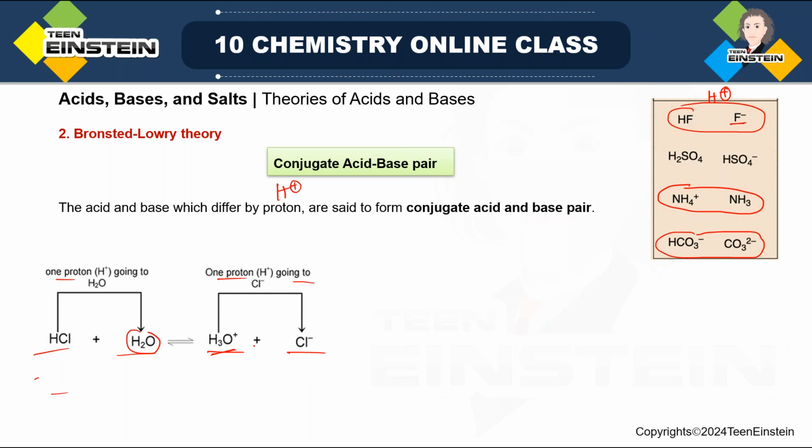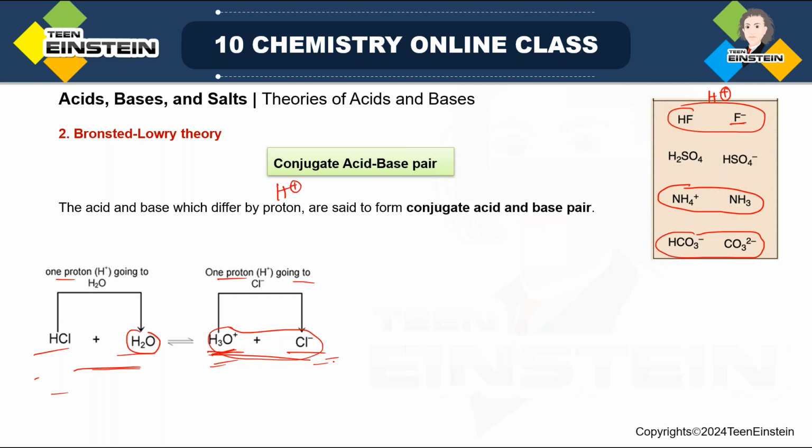Consider this side as the reactant side because we have given the equilibrium sign. When these two species react with each other, H3O plus will donate a proton, that will be accepted by Cl minus and you will go to the left hand side. Now this side is as if the product side. Both possibilities are there, but mostly it will remain towards the right hand side because these species are more stable compared to the left hand side. But equilibrium is always there. It is not that all HCl and all H2O will be converted to H3O plus and Cl minus. Some amount will be converted like this. That is why there is equilibrium.